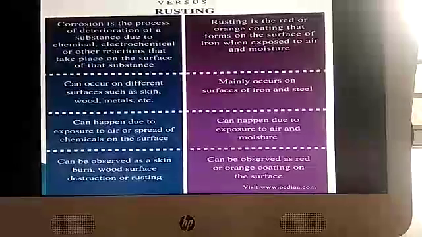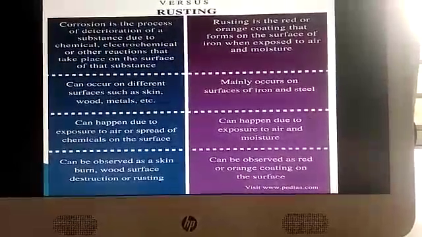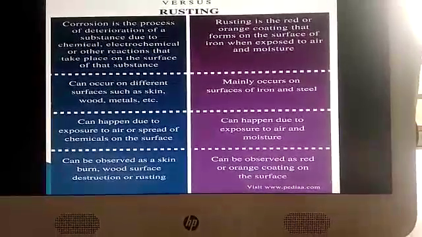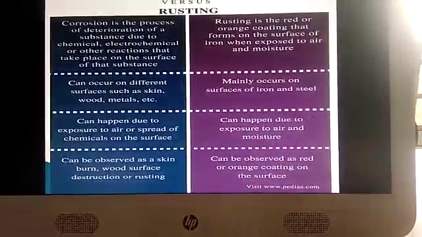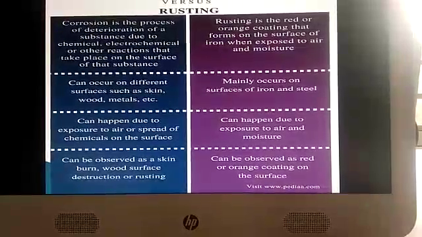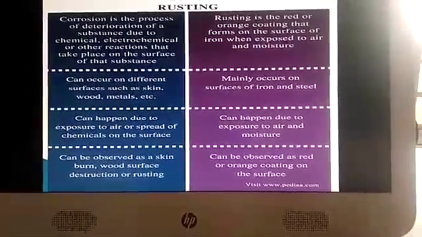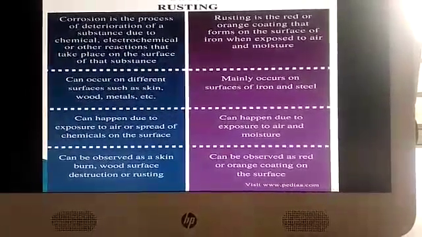Corrosion also means, for example, the burning of coal. If oil spills on your skin, what happens? You can see a bubble filled with air. That is nothing but corrosion. A burn of wood, a burn of skin.